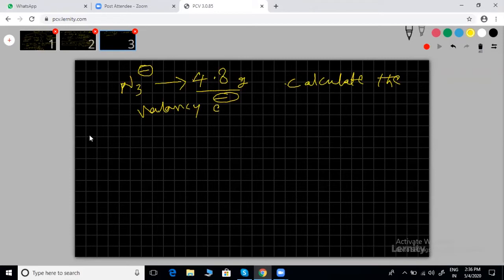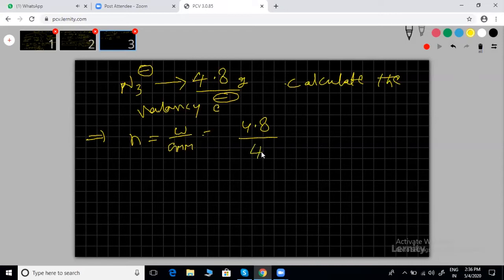You can see whatever they are given. First you have to calculate the number of moles. That is fixed; blindly you can follow that: weight by gram molecular mass. The weight they gave is 4.8 grams. What is the N3 minus weight? Each nitrogen is 14 grams, so total 42.